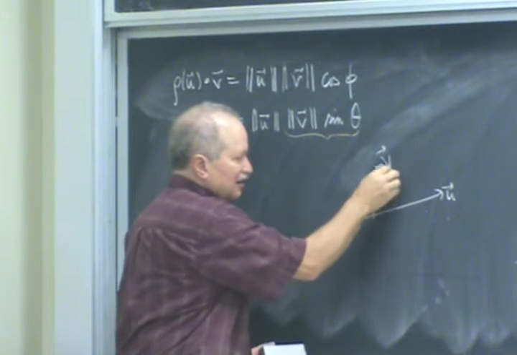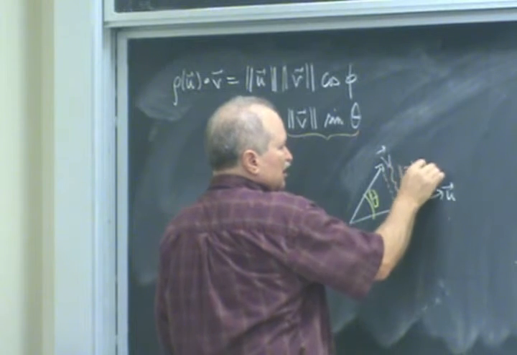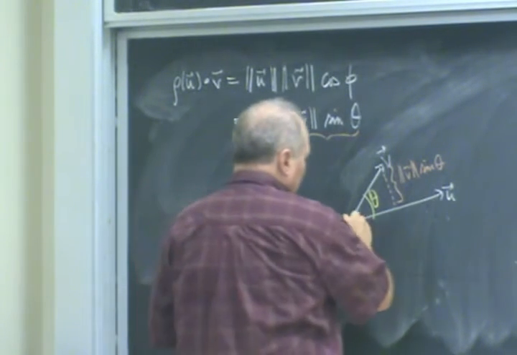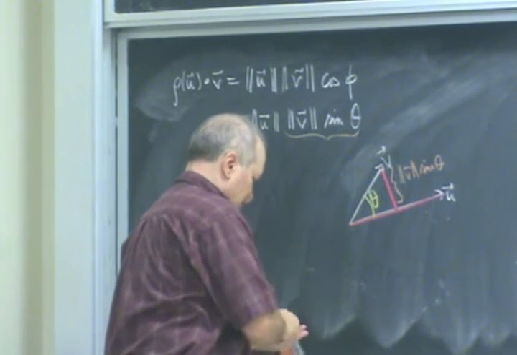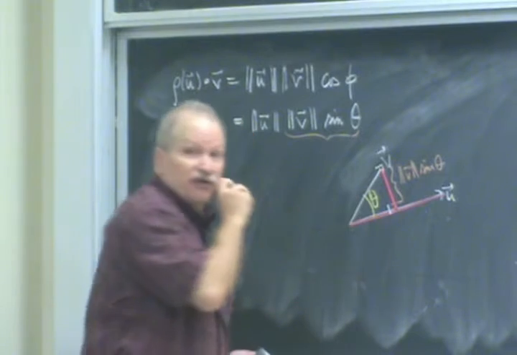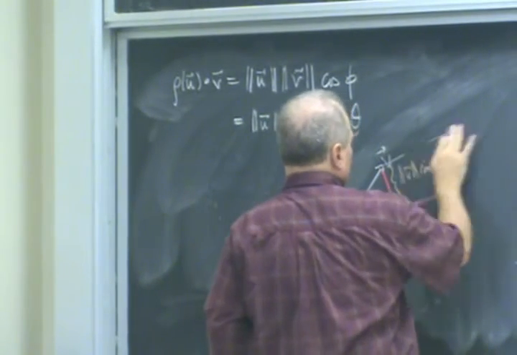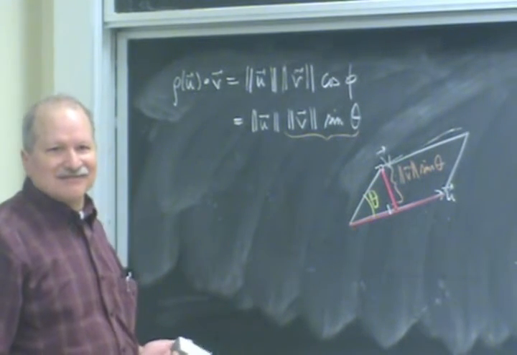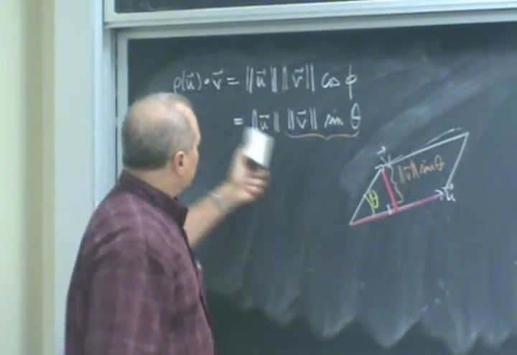Where's sine theta? So this is magnitude v sine theta. So what am I doing? The length of this guy times this. It's the area of the parallelogram. The area of the parallelogram spanned by u and v is exactly this quantity.